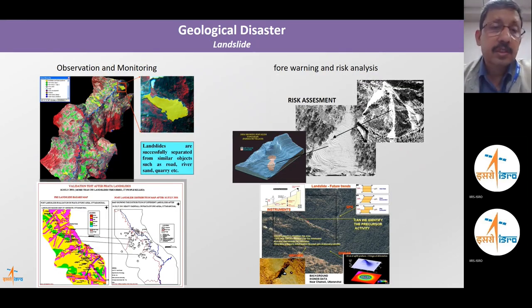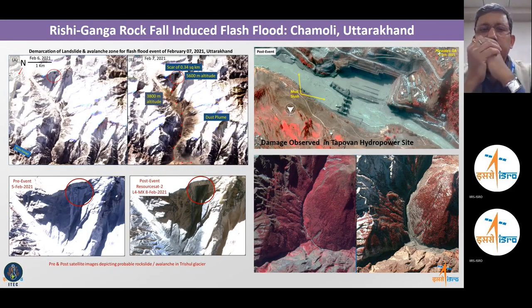Then another geological disaster is a landslide, and here also Earth observation helps a lot in monitoring landslide events, because you have the scars which can be detected very easily, and using various models you can determine the hazard and vulnerability of a region for a landslide.